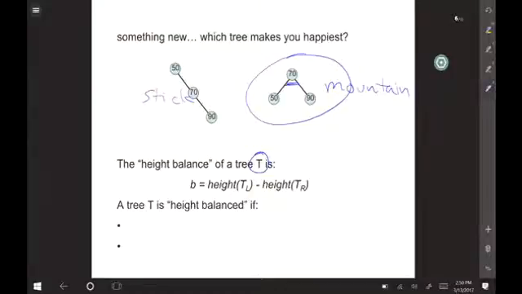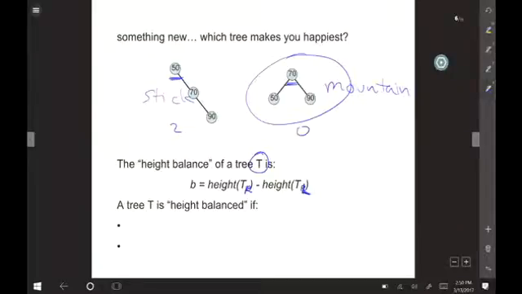How about the height balance of 50? What's the difference in the heights of their subtrees? It's 2, right? Or the absolute difference is 2. That is, one is 2 elements longer than the other. So this one has height balance 2. I also have this backwards. It's supposed to be right minus left, I believe. Okay, so this one has height balance 2. This one has height balance 0.